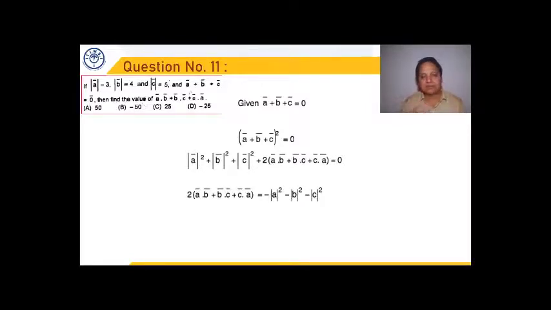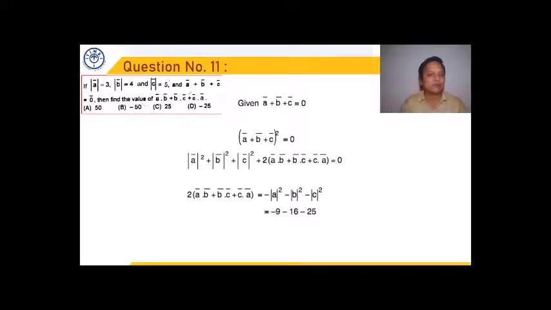So, can we say twice of (A·B + B·C + C·A) is equal to minus |A|² minus |B|² minus |C|²? |A| is given as 3, so |A|² comes out to be 9 with a minus sign. |B| is 4, so |B|² is 16, and we put minus 16.